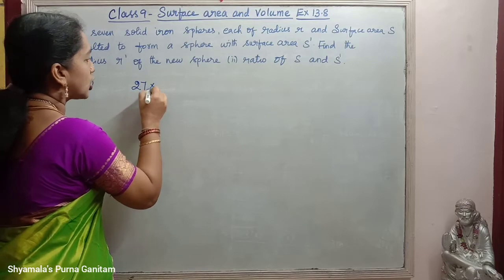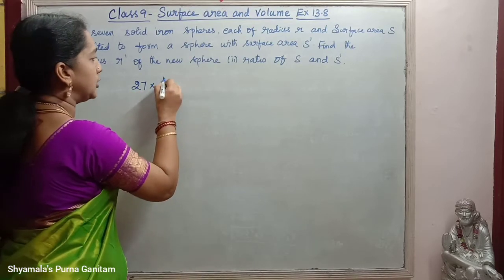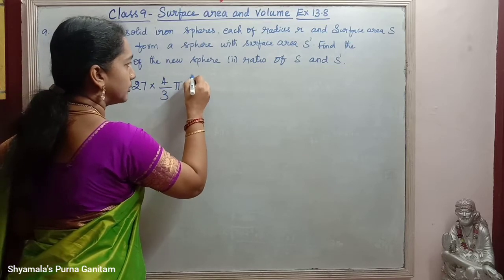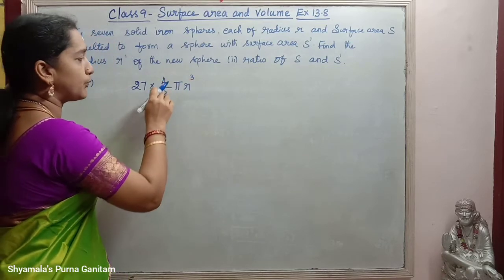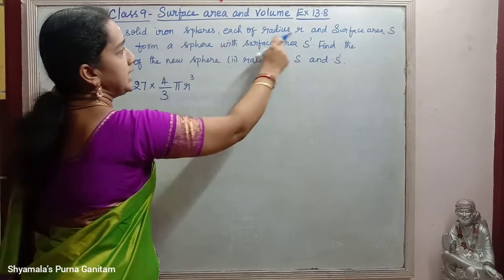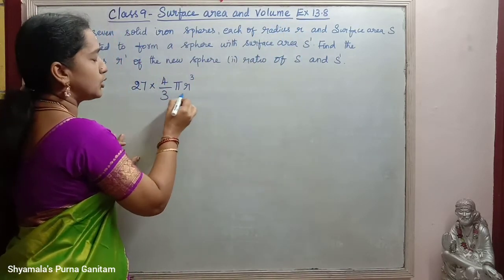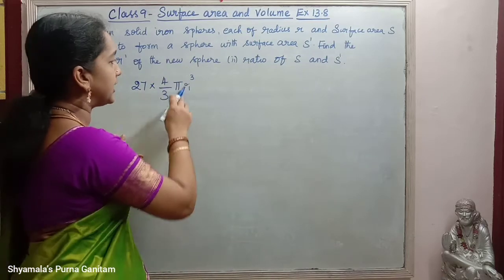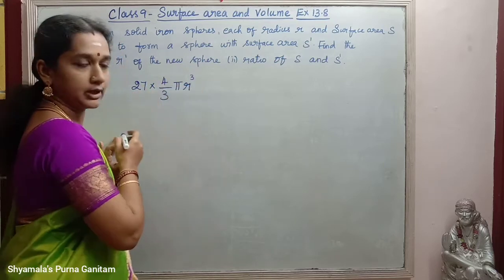27 solid spheres. So 27 into 4 by 3 pi r cube, for 27 solid iron spheres, each of radius r. For the solid sphere, I am taking the volume as 4 by 3 pi small r cube.